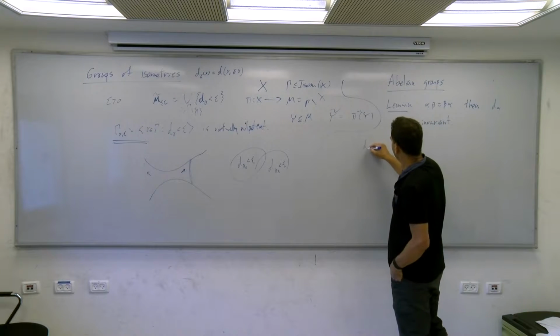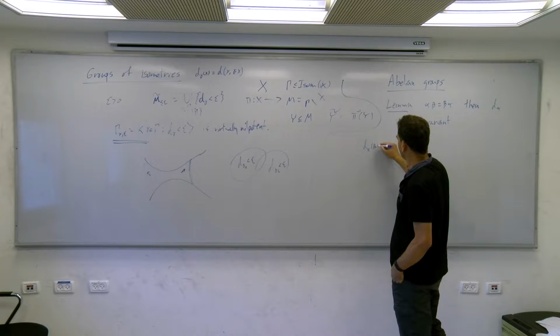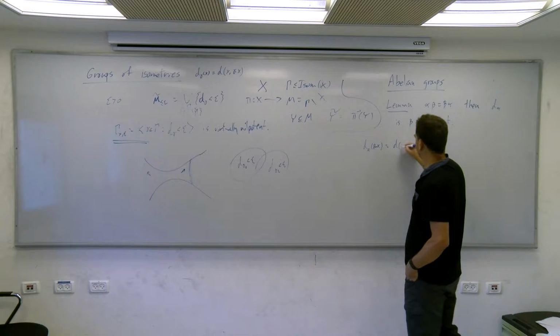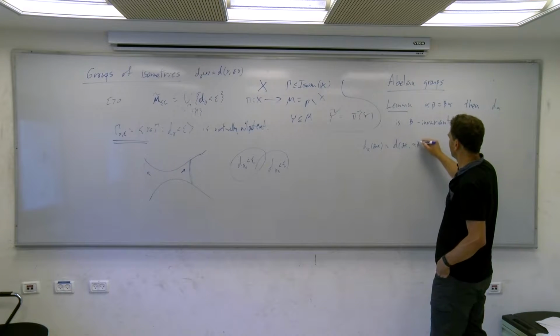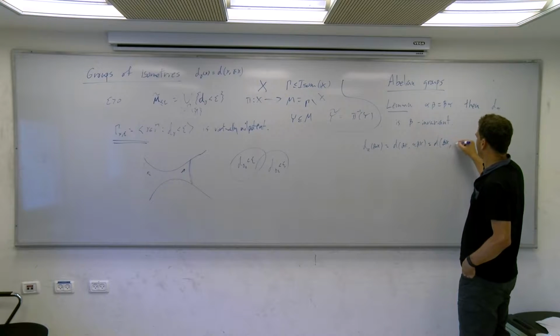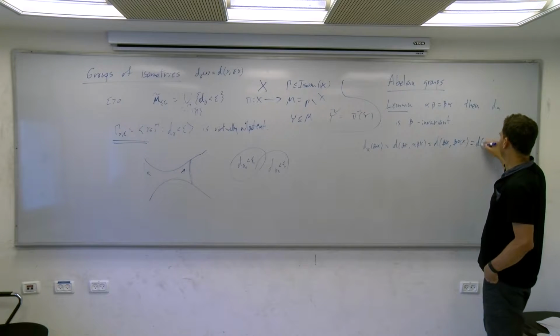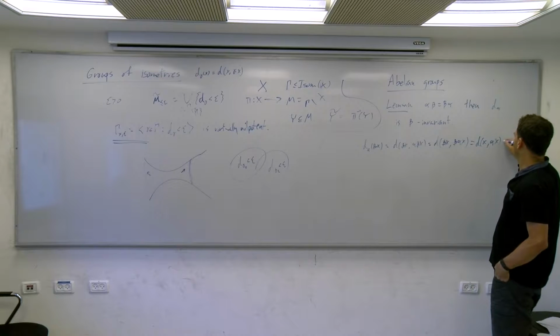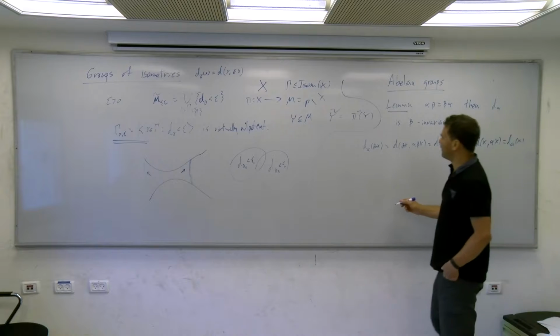Let's see. d alpha of beta x is the distance from beta x to alpha beta x, but alpha and beta commute, so it's the distance from beta x to beta alpha x, and beta is an isometry, so it's the distance from x to alpha x, which is d alpha of x. So this function is beta invariant.